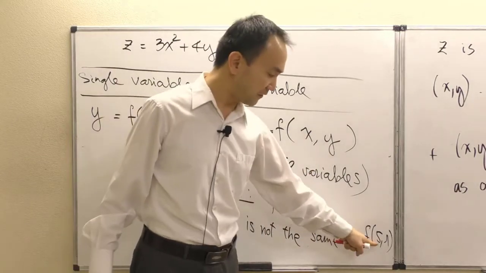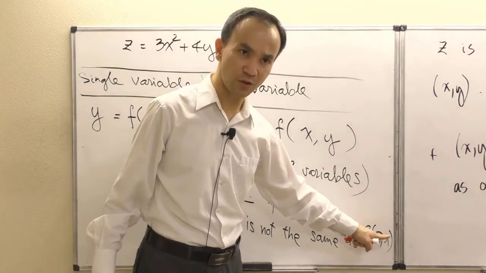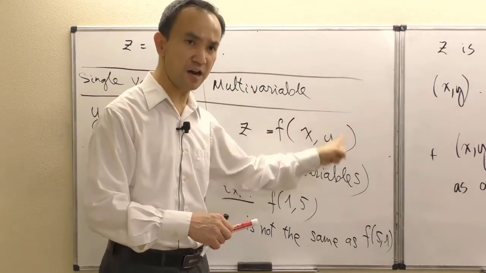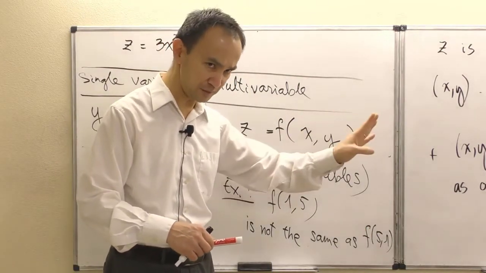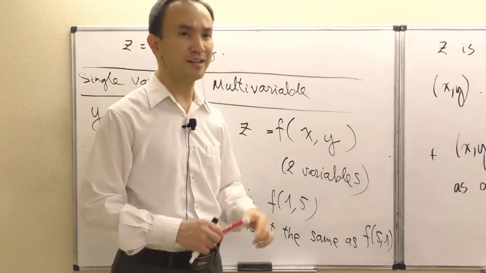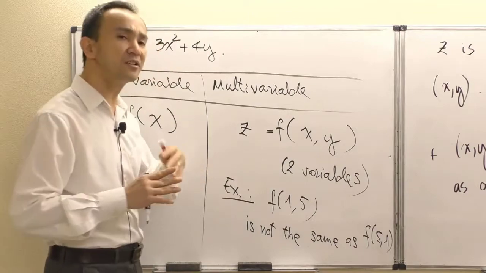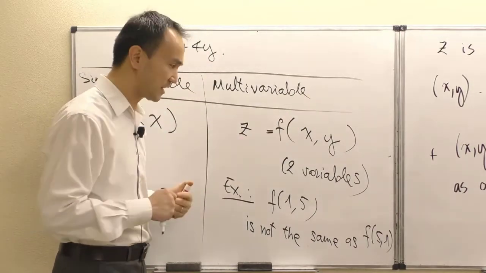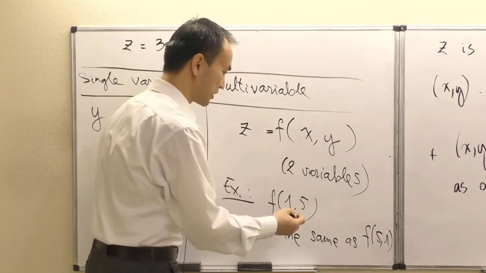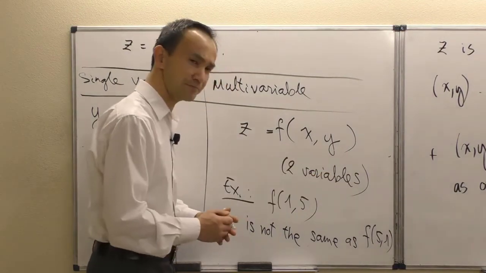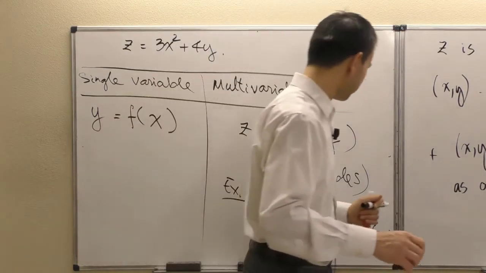But in f of 5 comma 1, 5 is the value we give for x, and 1 is the value we give for y. So the order in our function notation does matter. That's why, when you get a little more advanced in your mathematical learning, to be precise, we call these pairs of values ordered pairs.